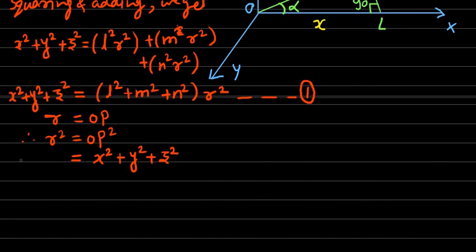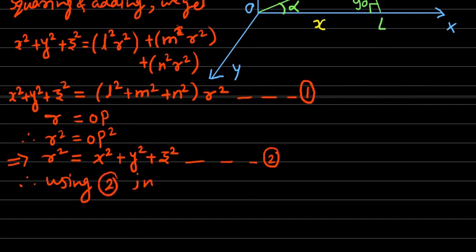Now this is our relation number 2. We'll put the value of r square as x square plus y square plus z square in relation number 1. Therefore, using 2 in 1, we substitute the value of r square as x square plus y square plus z square in relation 1.